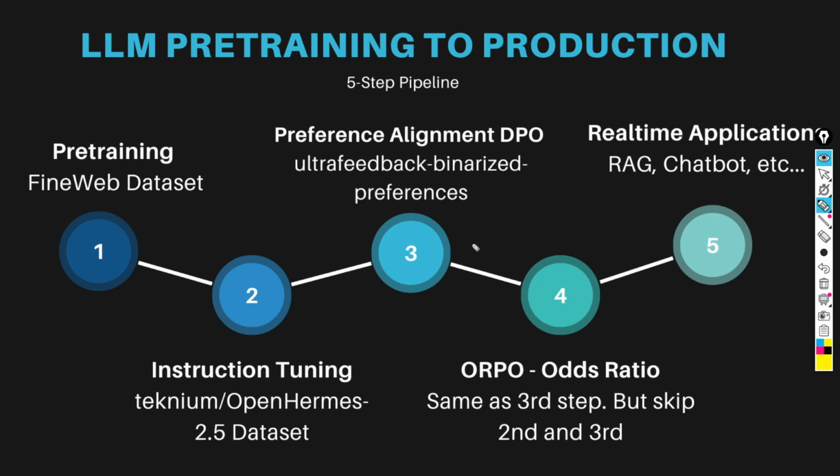The next one is ORPO, which is the most latest method and which is said to be better than SFT and DPO. So ORPO, the idea is that the odds of your model generating the correct token should be higher than the wrong token. Okay, chosen rejected.